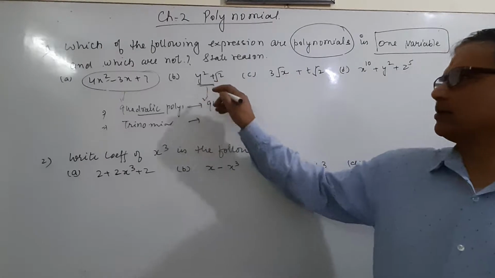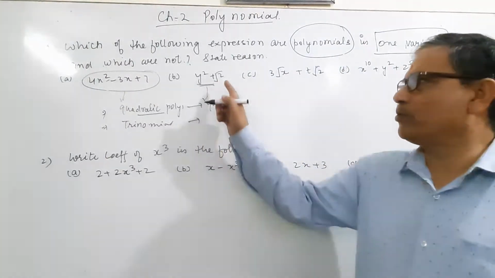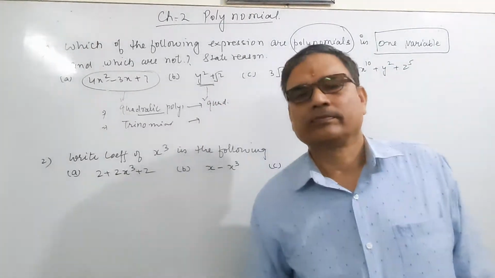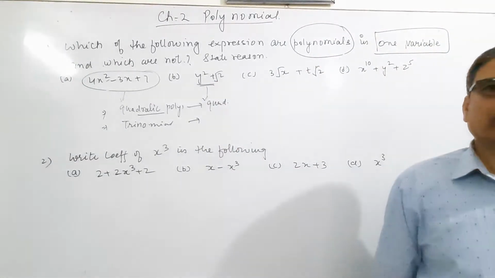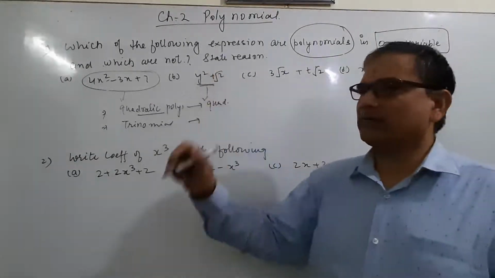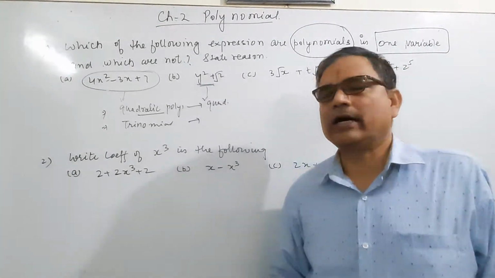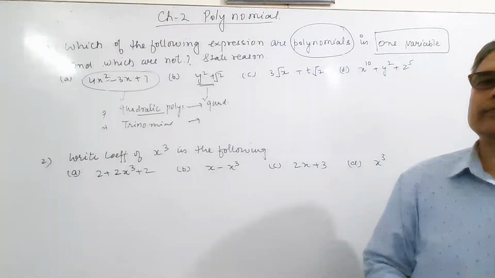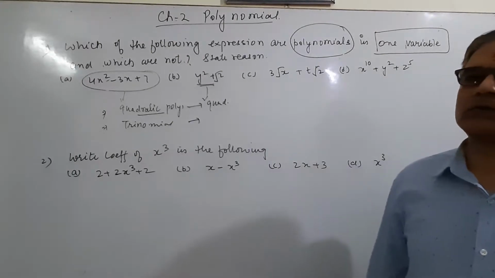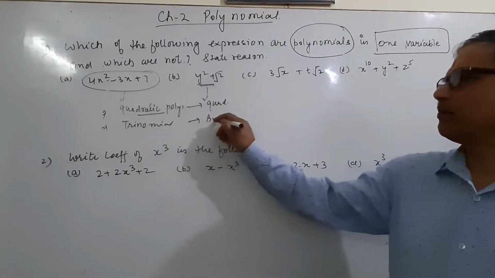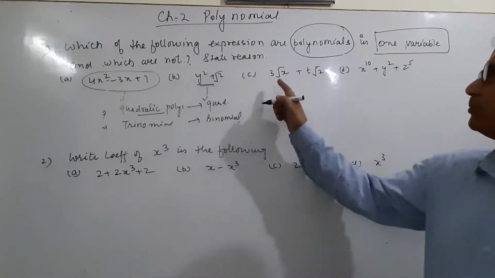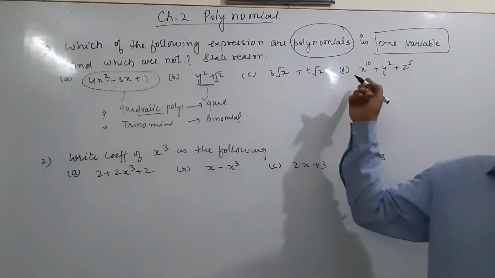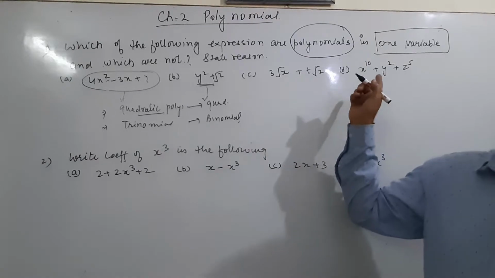And what is the name of this polynomial on the basis of terms? How many terms are there? 2 terms are there. Very good. 2 terms mean it is a binomial, because it contains 2 terms. This is the polynomial with more than one variable.